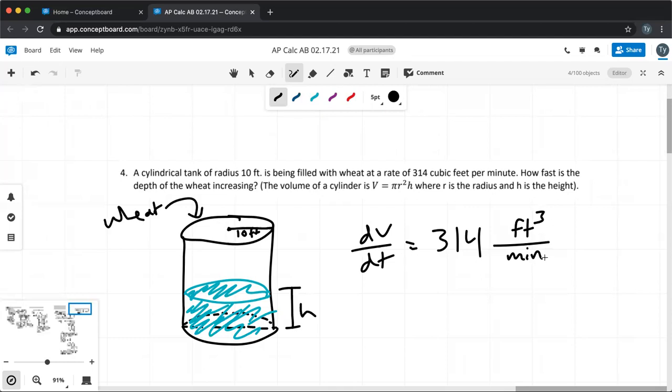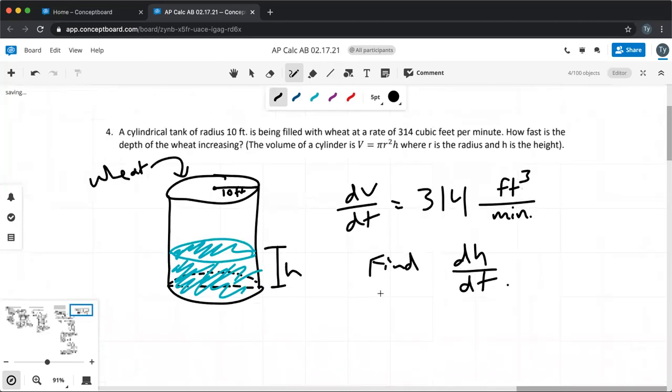Right, and we want to know how fast the depth of the wheat is increasing. In other words, find the rate of change of the depth or height, which is dh/dt.